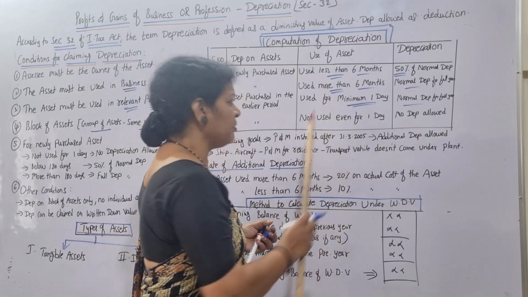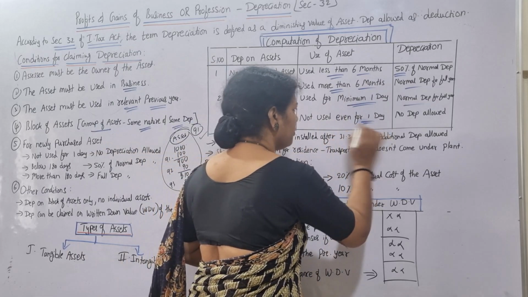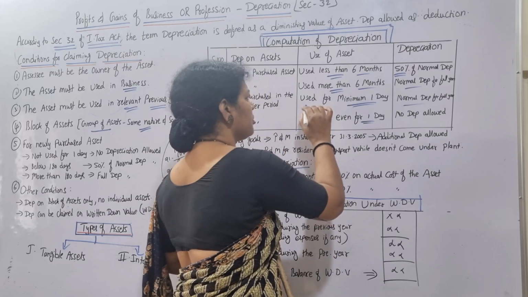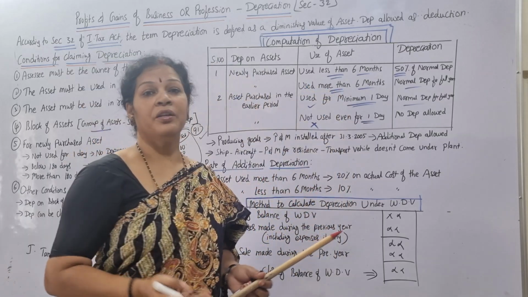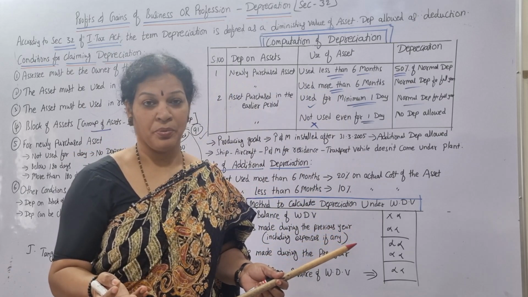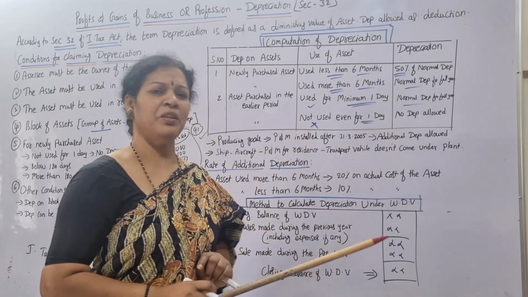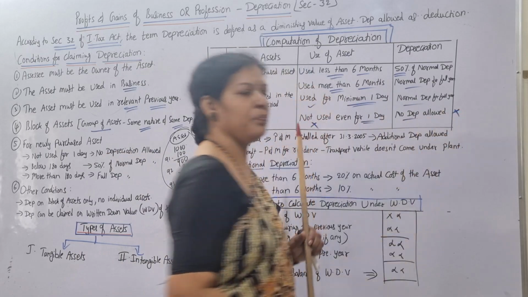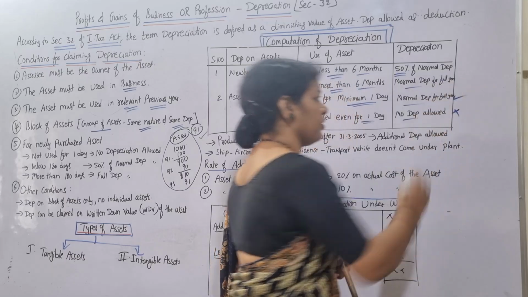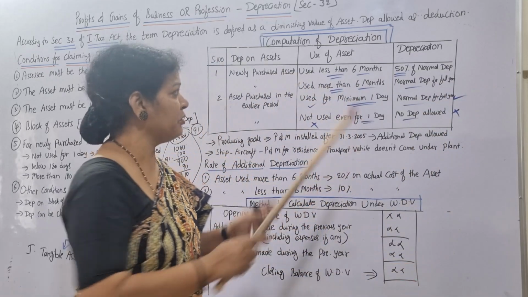It can be n number of days, 365 days also. If that is the case, normal depreciation. If you did not use it even 1 day, then no depreciation allowed. Here, full depreciation. Okay, this point is very easy to remember.